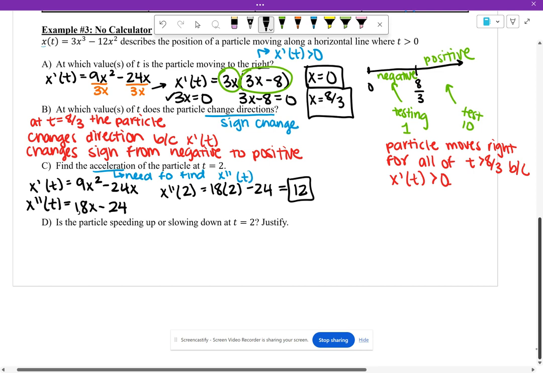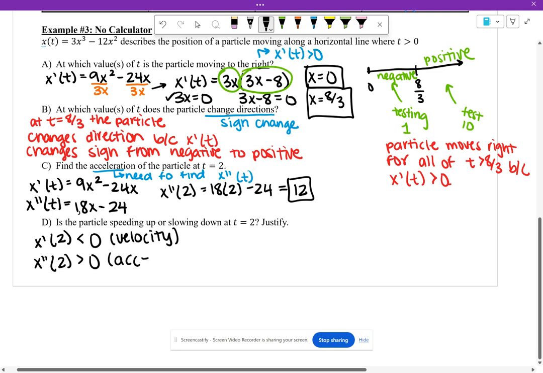Okay. Is the particle speeding up or slowing down at 2? Well, I know that 2 is within this interval over here in my sign chart. So I know that x prime of 2 is less than 0, because that tells me the velocity. I know x double prime of 2 is greater than 0 because I got 12. 12 is a positive number.